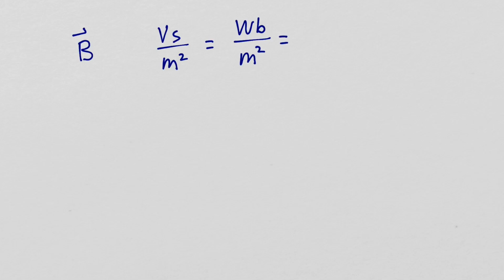So 1 volt-second per meter squared equals 1 Weber per meter squared, which is equal to 1 Tesla. Now 1 Tesla is a very large magnetic field, so another unit is sometimes used, the Gauss, and 10,000 Gauss are equal to 1 Tesla.